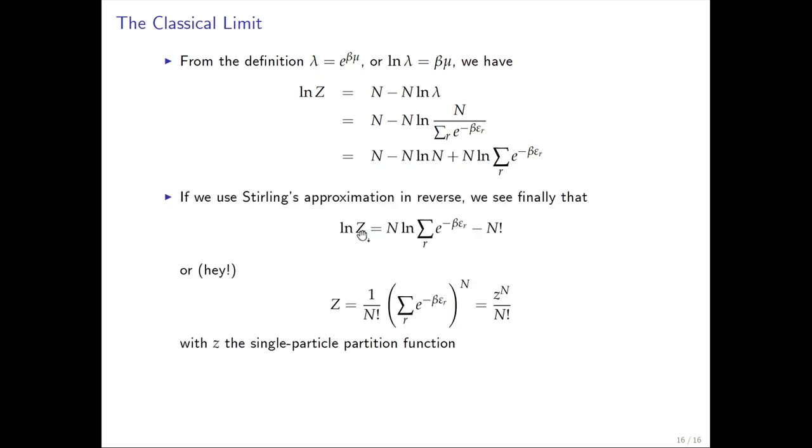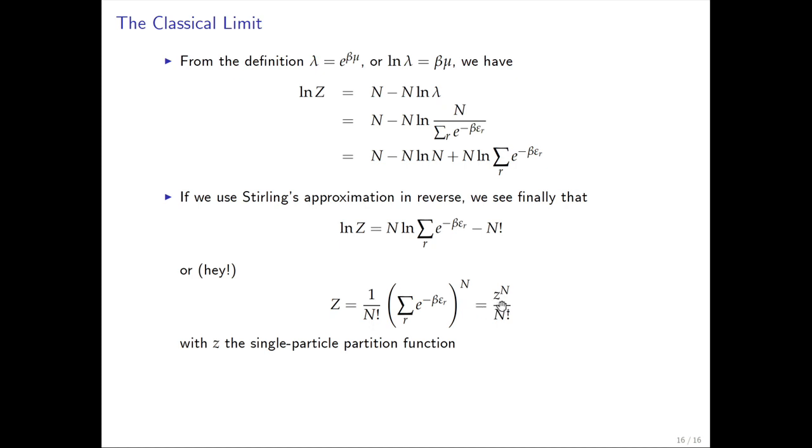And so we'll find here that that becomes minus log N factorial. And then, of course, if we exponentiate this, we have, wow, how about that? We got that Z is 1 over N factorial times the product of this raised to the power of the total number of particles.